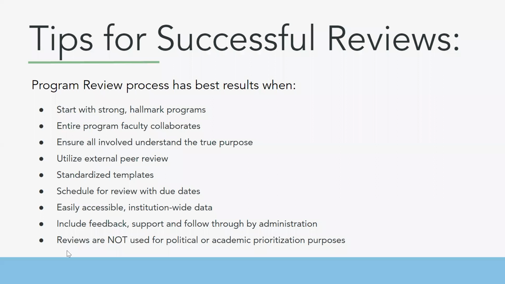This program won't struggle with the data collection or the feedback that comes after. Don't start with a program that's already struggling. A lot of times that makes program review political and increases feelings of defensiveness. That's what we want to avoid. We want this to be a really valuable, sort of feel-good process. It's a lot of work, but it highlights a lot of really important work that's already being done.